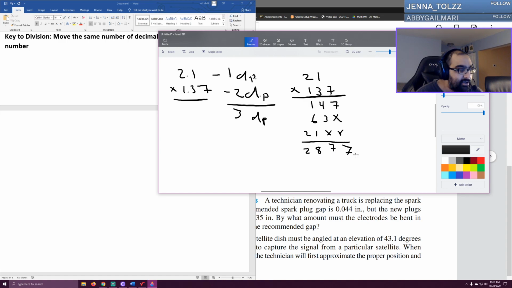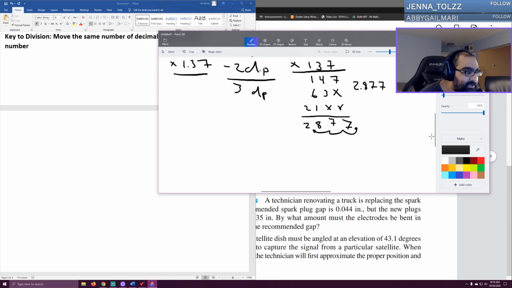Then all we have to do is move 3 decimal places to the left: 1, 2, 3. So if I were just to randomly multiply these numbers together, I get 2.877. Easy peasy lemon squeezy. I'm not talking about things that are super hard here, just things that are pretty straightforward at the end of the day.